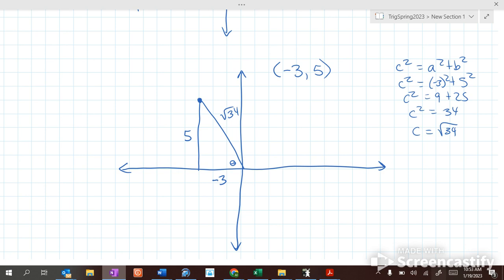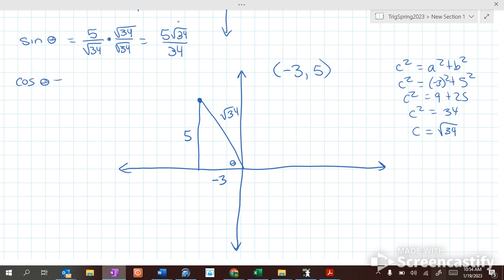All right. So what is the sine of theta? Well, sine is the opposite side, so it is 5 over square root of 34. Can't leave square root of 34 on the bottom, so we multiply top and bottom by square root of 34. So it's 5 square root of 34 over 34. That's how it's properly written.